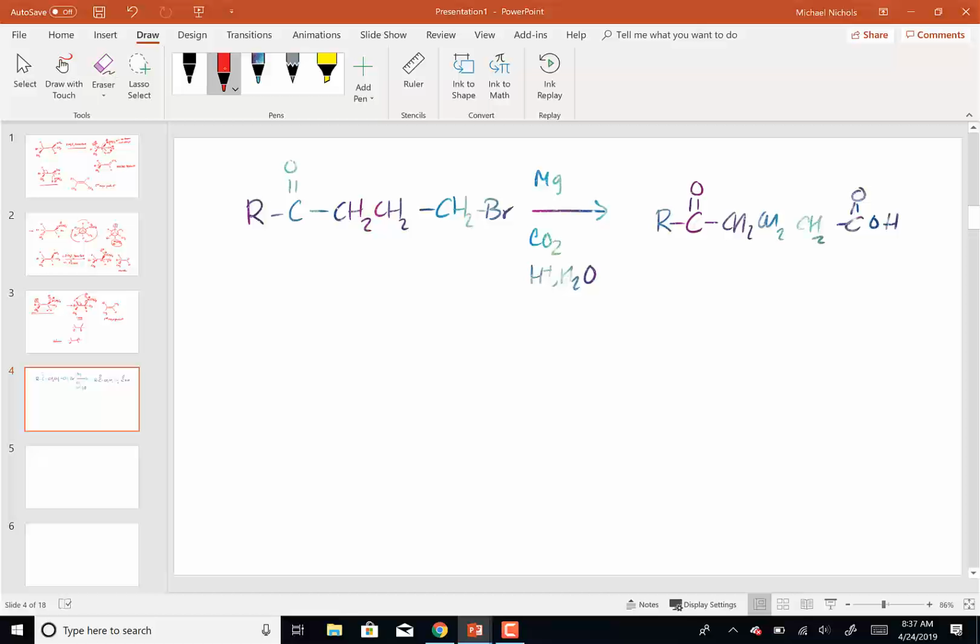once I make the Grignard, it's going to attack the carbonyl. So I need to protect the carbonyl first. How do I protect the carbonyl? By making it into a cyclic ketal. So what I would do in this case is react this with H plus and ethylene glycol.